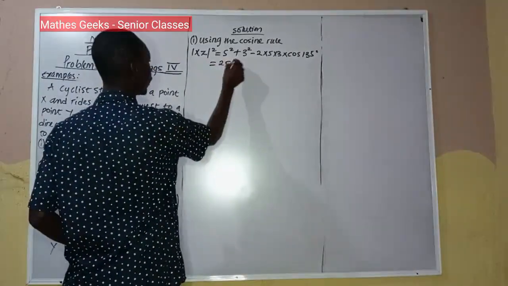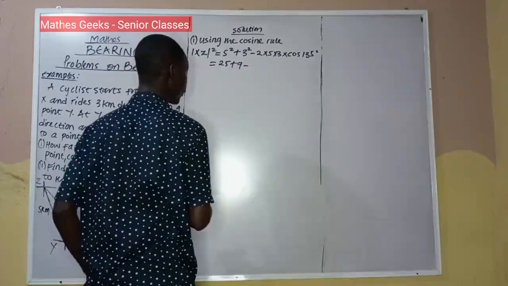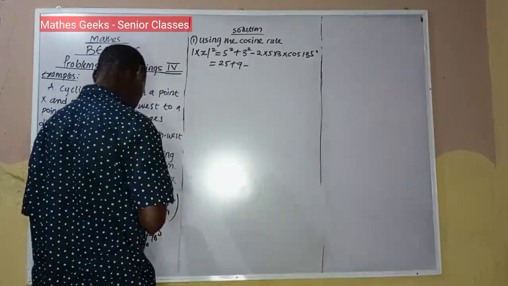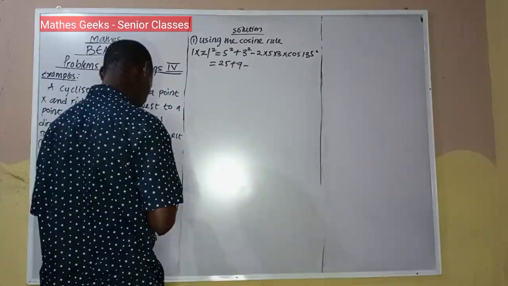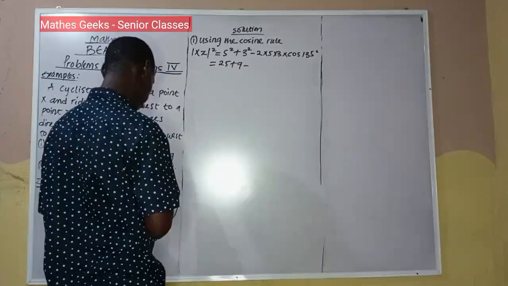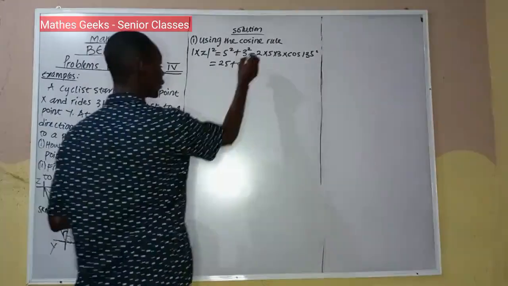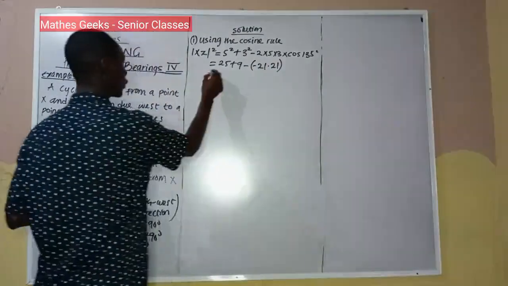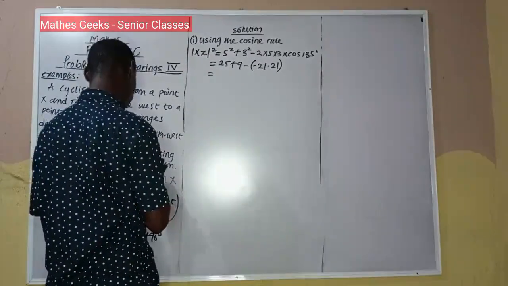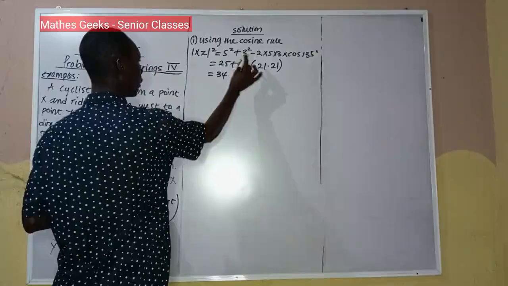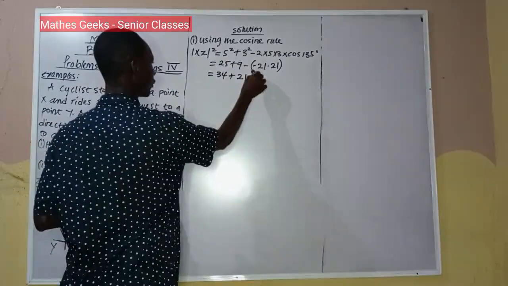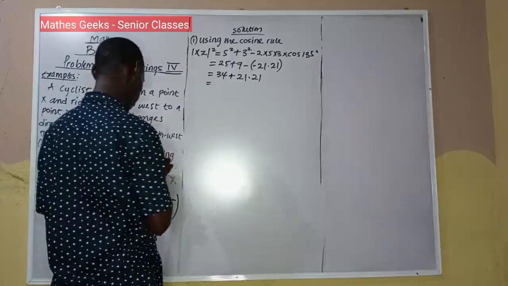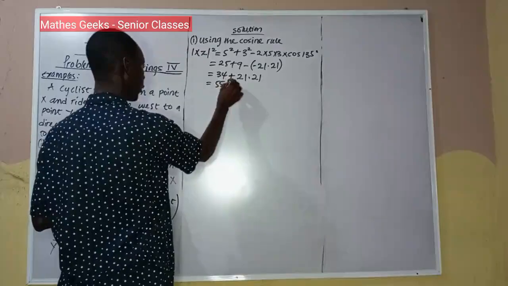This will give us 25 plus 9 minus 2 times 5 times 3 times cos 135, minus minus 21.21. 25 plus 9 is 34, minus times minus is plus 21.21, giving 55.1.